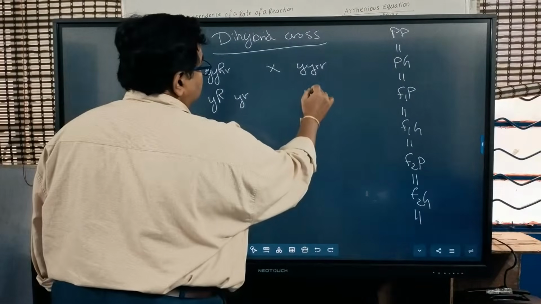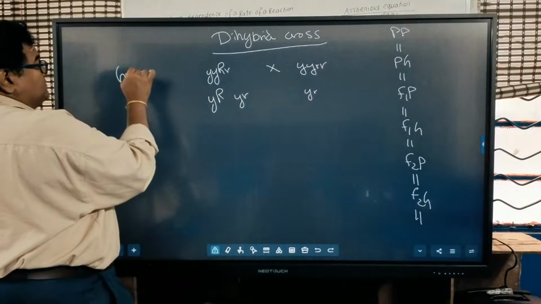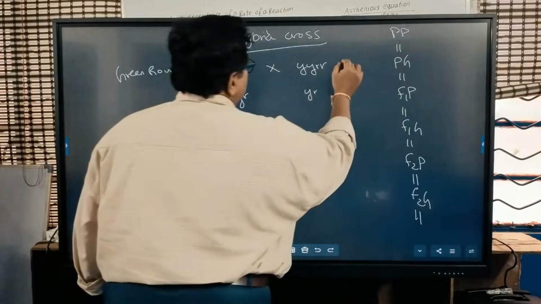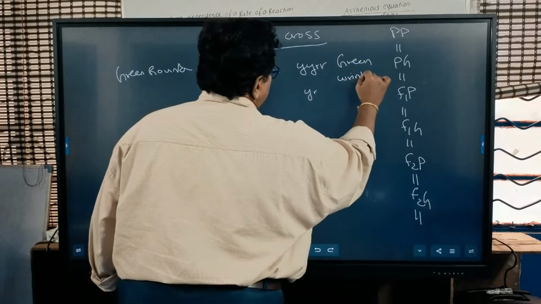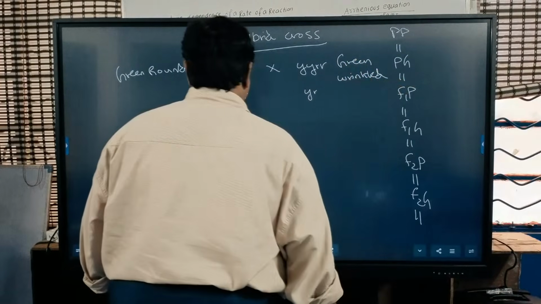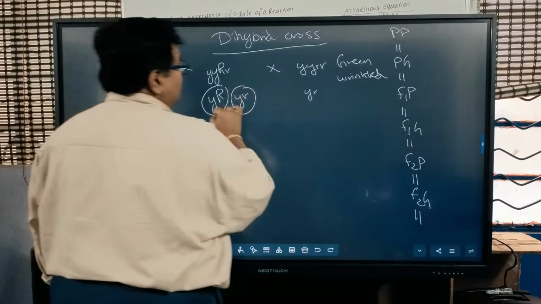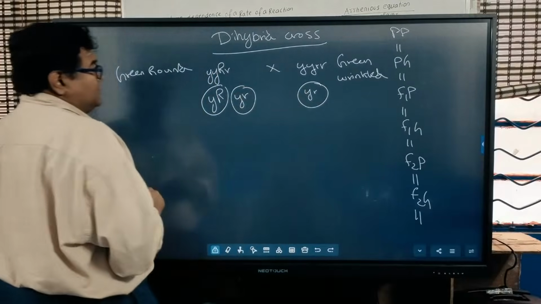You know very well, this is nothing but green round. Green round. This is nothing but green wrinkled. When I am crossing both the parents, you will be getting two different types of gamete with a green round and one type of gamete with a green wrinkle.